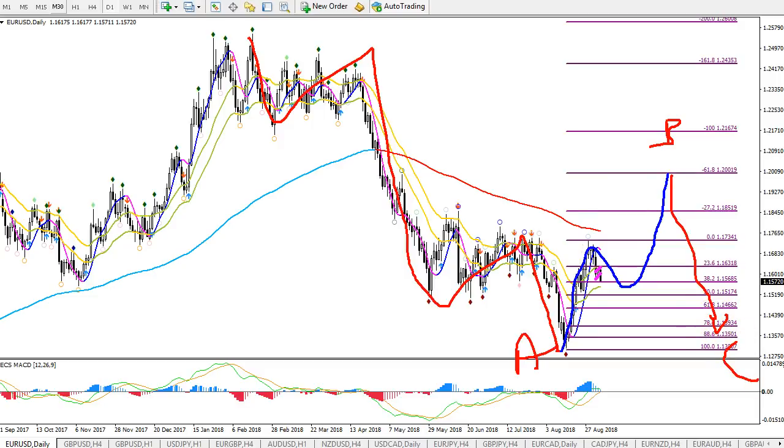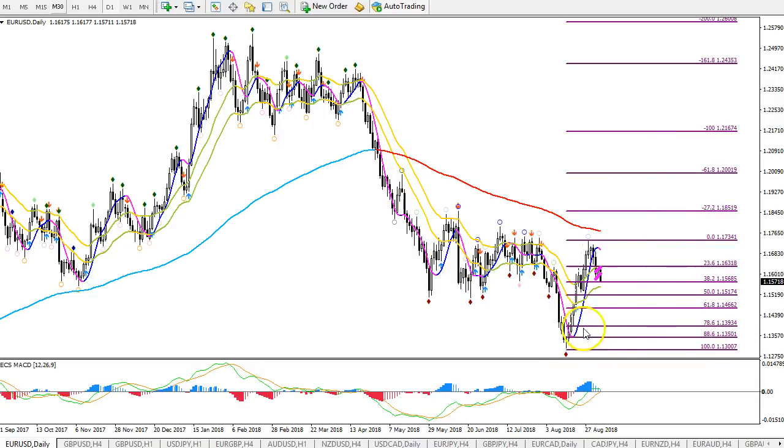Now it doesn't have to be that simple. Sometimes corrections get expanded. So I think it's more likely that this will be an ABC for a W. We get another ABC down, and then we get one more ABC up, and then we finally finish the wave B. Because sometimes these corrections are complex, or quite often in fact.